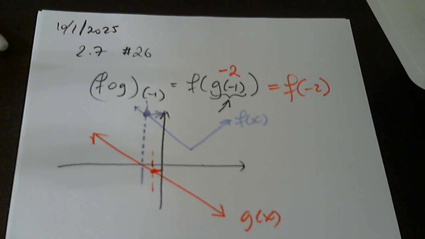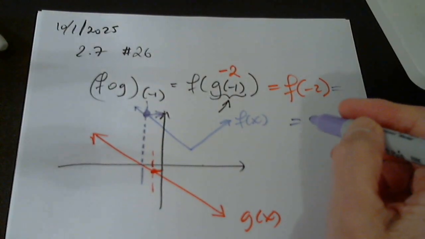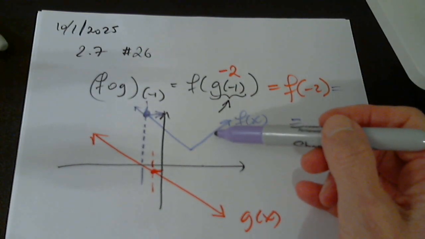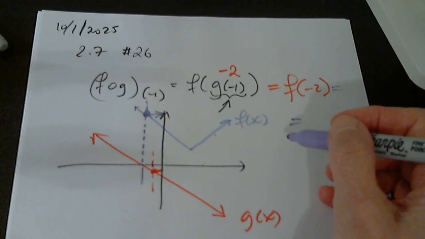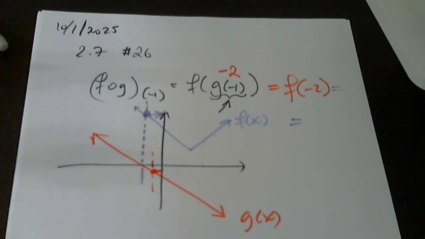What do you think? What do you see? What is your value? So now you have to go to the blue graph. Give me a second so you can get this screen away. Do you see it?